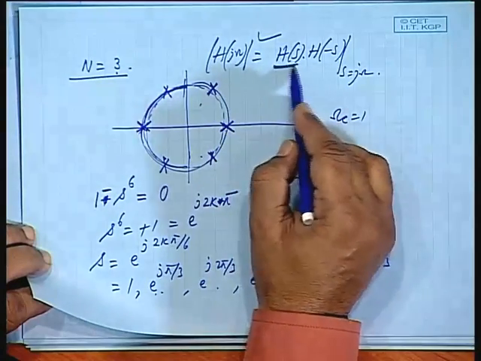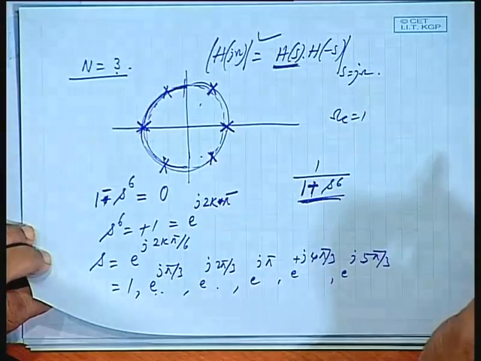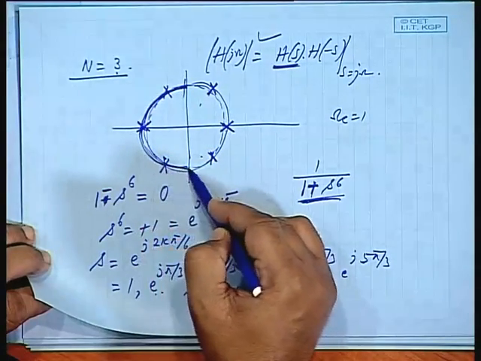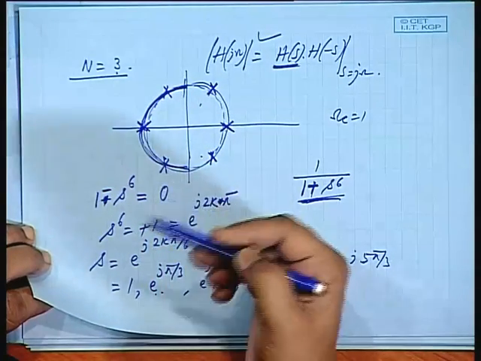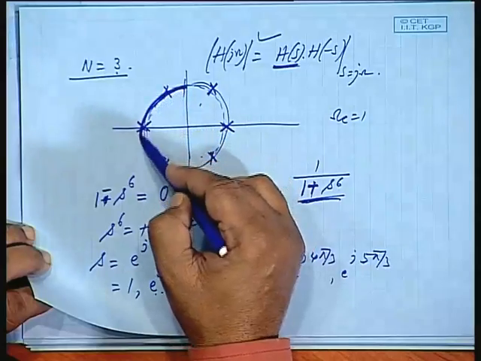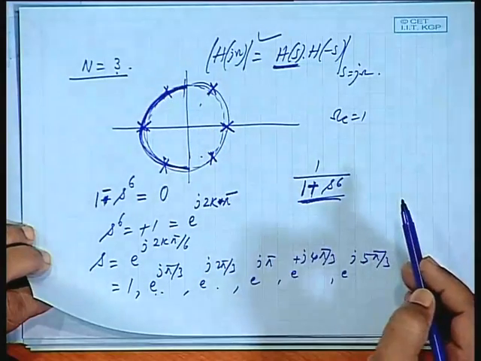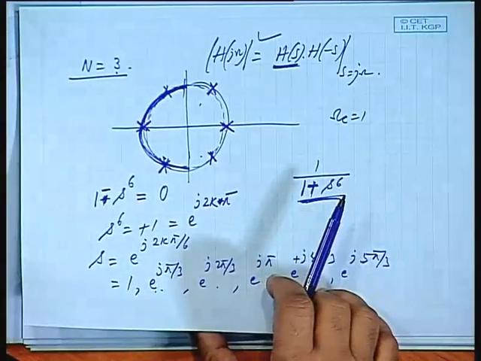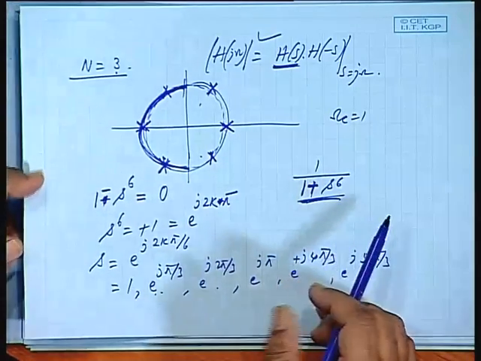So, I am trying to find out H(s). Since it is a stable filter, the roots are necessarily on the left half plane. So, we take only these roots. This will give me correspondingly H(s). We have taken omega c to be equal to 1.